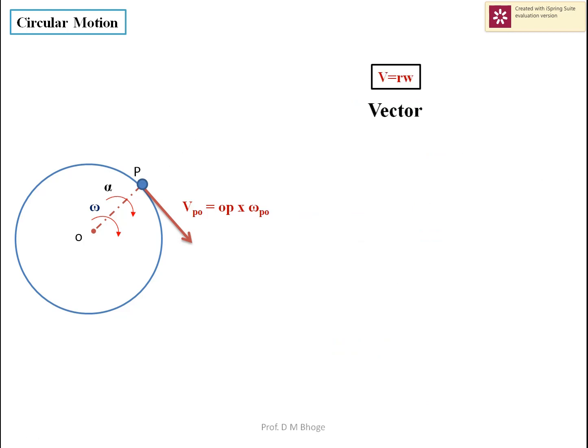Let us summarize this. V equals R into omega. Linear tangential velocity is a vector quantity, so it will have magnitude as well as direction. Now if this vector changes in direction, there will be one kind of acceleration. If the vector changes in magnitude, there will be another kind of acceleration.